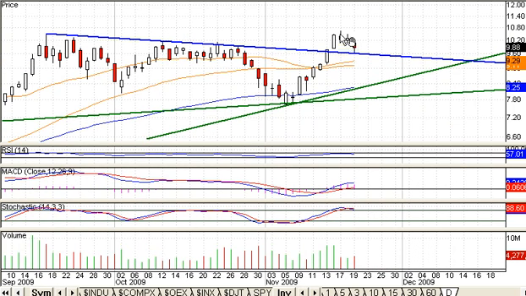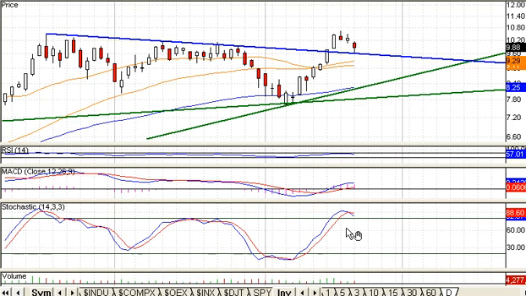We noticed how we made new highs here, and we just started to make lower lows and lower highs. So as this day formed here, we made a lower high at the top and a lower low at the bottom. And then we're taking a look down here at the stochastics, which have just crossed, and we're looking to actually come out of this 80 area and pull back.